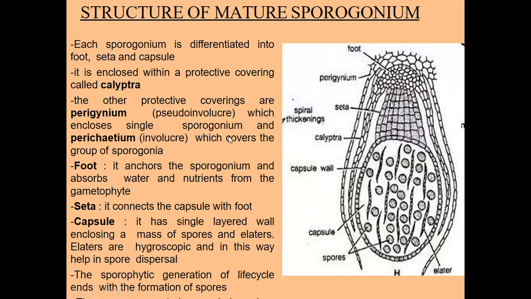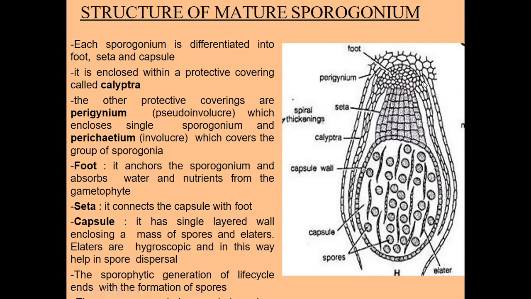This sporophyte is generally differentiated into three regions, which we call foot, seta, and capsule. The zygote develops into this structure inside the archegonia, in the female thallus.